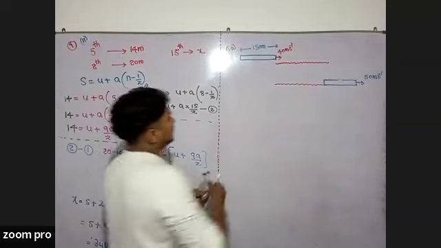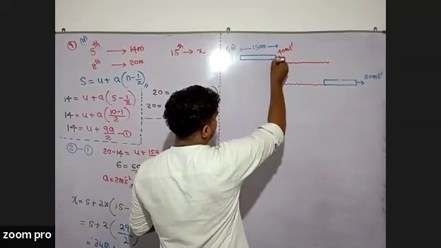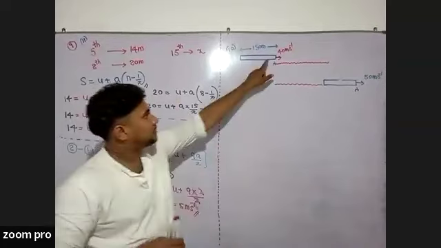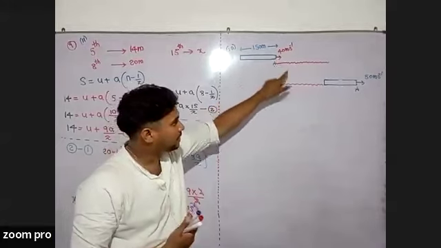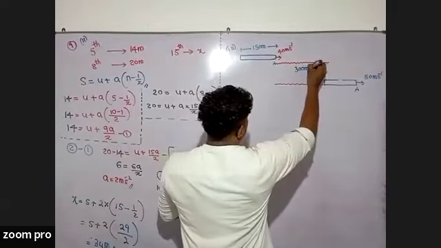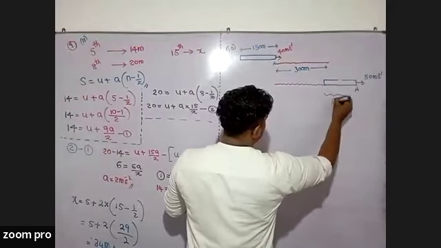Now I'm considering the initial point. Let's call it A. This point A, the front face of the train, has traveled the 300-meter platform distance, as well as the length of the train, which is 150.